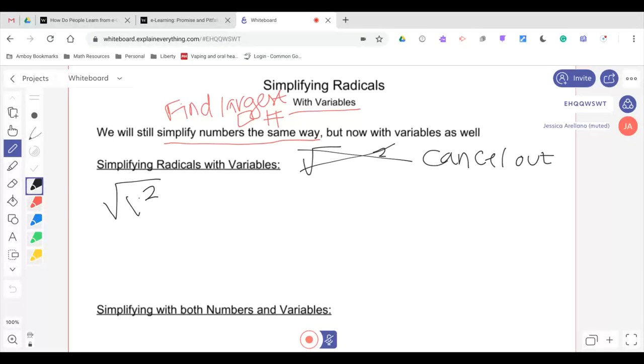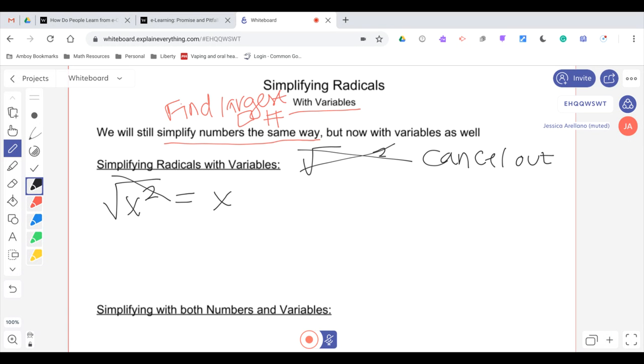So if, for example, I have the square root of x squared, that square root and that exponent of 2 cancel each other out and leave me with x. So what we're going to try to do is look at whatever exponent we are given and think to ourselves, how many pairs of 2 or how many sets of 2 can we have in there?